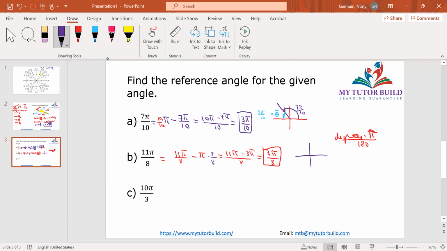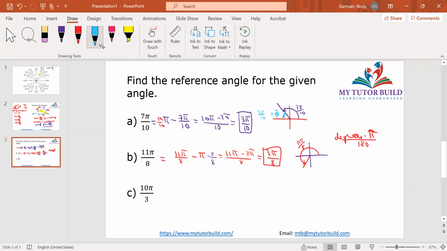Because we are pretty close, let me take a different color. So 11 pi starting at 0 probably would come right here. So this is my 11 pi, probably 145 or something. So the whole thing right here is 11 pi over 8.